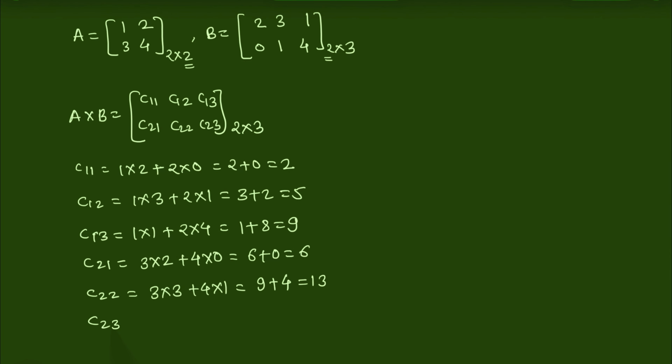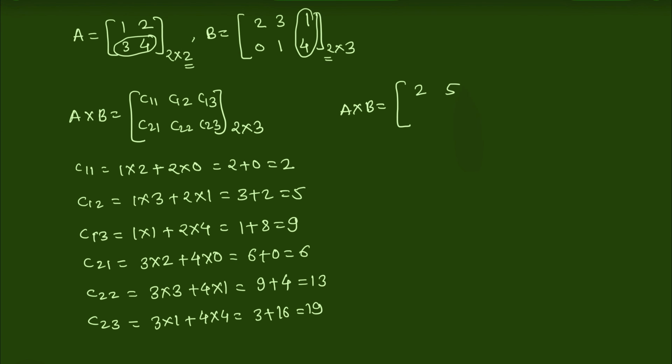Now C23, which is equal to the multiplication of the second row to the third column, 3 into 1 plus 4 into 4, which is equal to 3 plus 16, which is equal to 19. Now A cross B is the matrix with the values 2, 5, 9, 6, 13, 19.